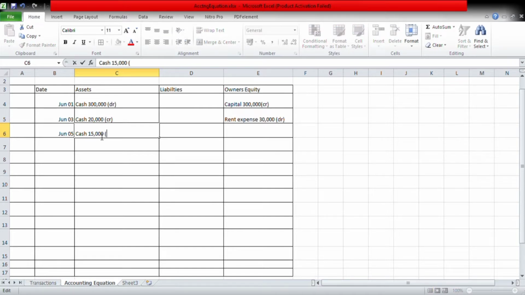It is very important for you to know the normal balance. Since it increases, you write it on the debit side. Service income, 15,000 pesos credit.